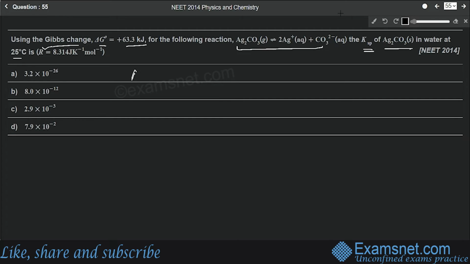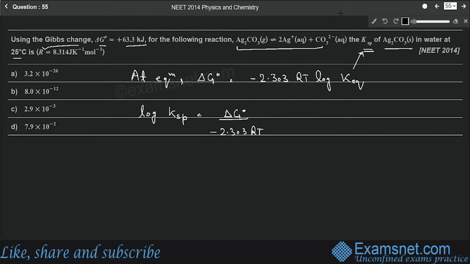So we know that at equilibrium, the value of delta G naught is equal to minus 2.303 RT log K equilibrium, right? And K equilibrium here means Ksp of Ag2CO3. So log Ksp will be equal to delta G naught divided by minus 2.303 into RT. Okay.